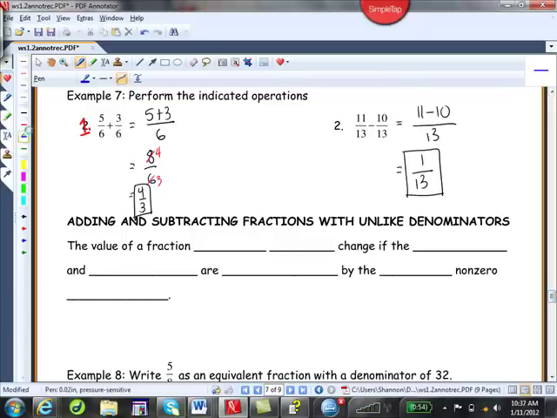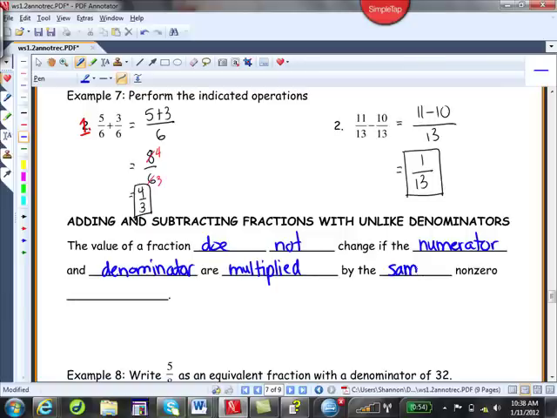The value of a fraction, remember, does not change if the numerator and denominator are multiplied by the same non-zero number.